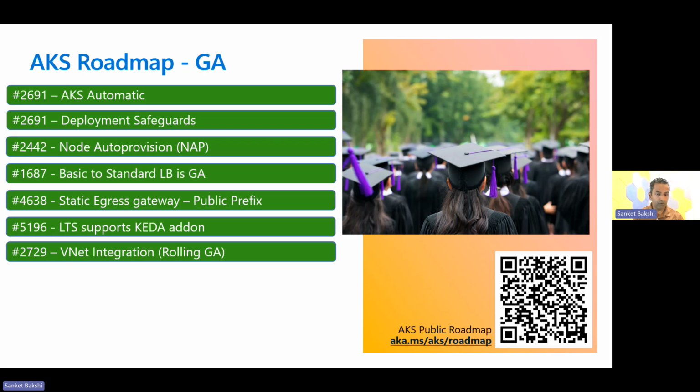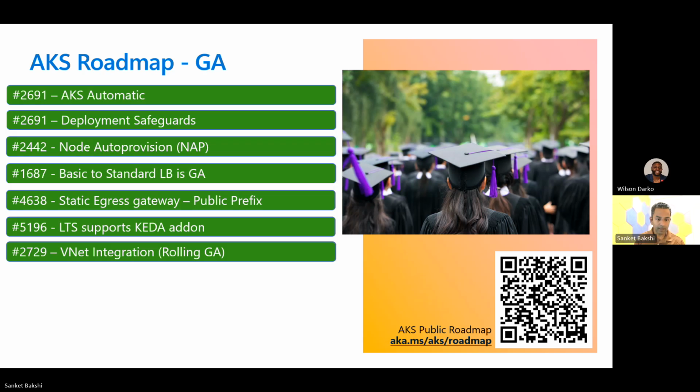We do have Wilson on the call here as well. So Wilson, if you want to add anything about NAP, feel free. Yeah, for sure. As Sanket mentioned, node auto provision has been of high interest for a lot of customers, so I'm excited to have that be GA currently.